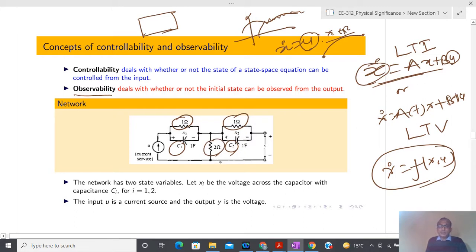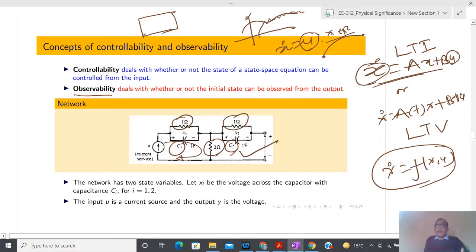It is possible to show that if you change U, that change is not reflected in X2, because I have this kind of closed connection, so current is not going to flow in this direction. Due to that reason, using this control, you cannot change the behavior of this state.